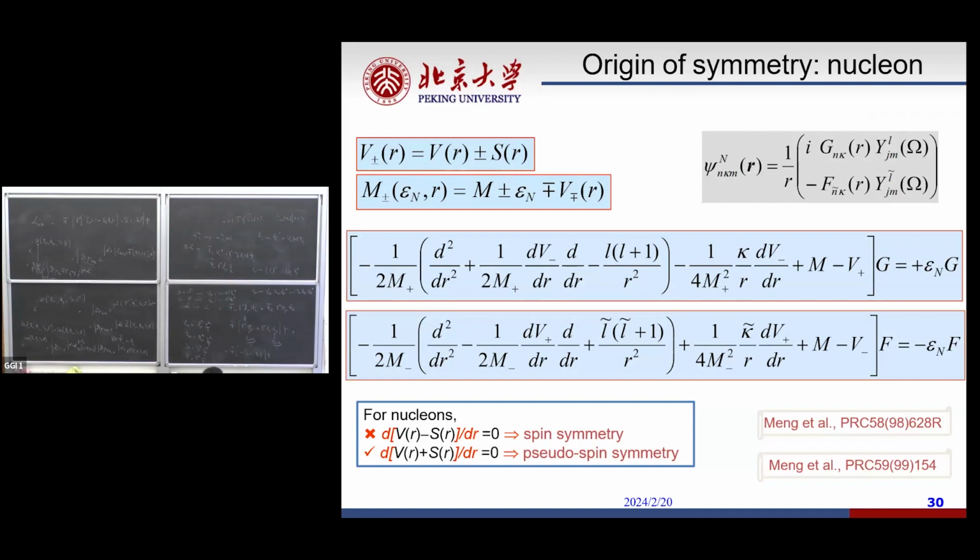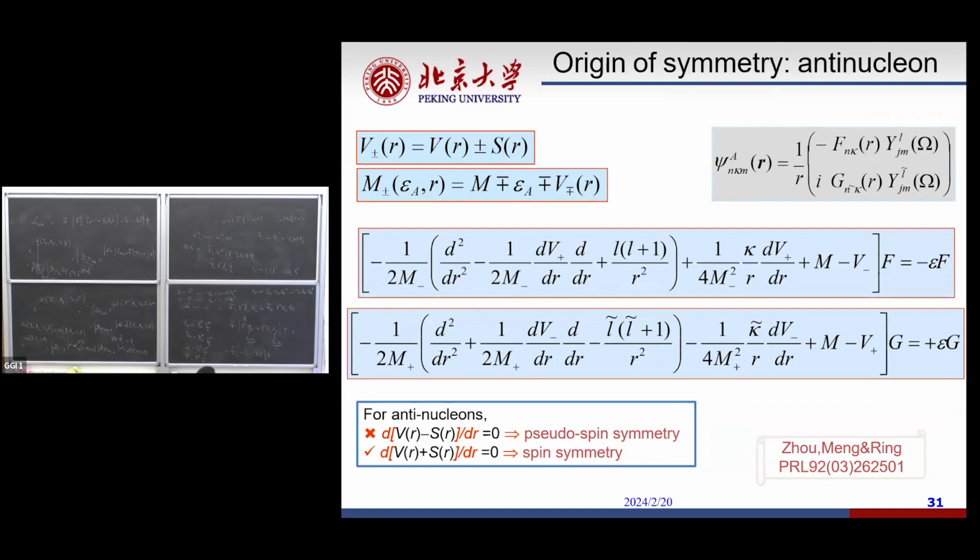And for the low components, again, if we remove this term with kappa tilde, then you will see the energy only depends on l tilde. That means pseudo orbit partners will be degenerate. That is the pseudo spin symmetry we are talking about. So this is for the nucleon part.